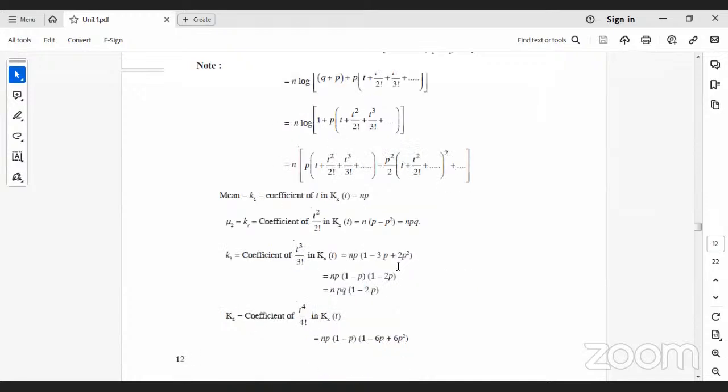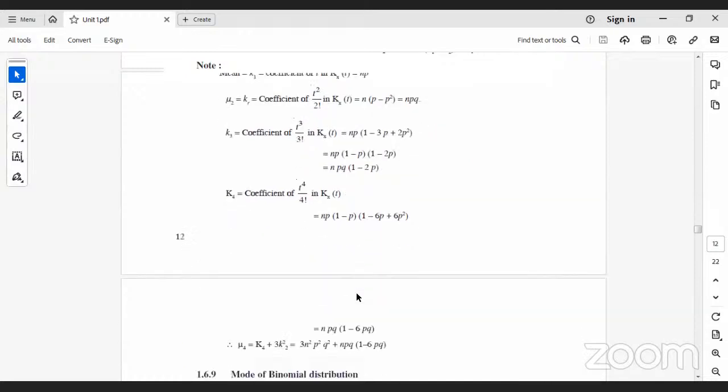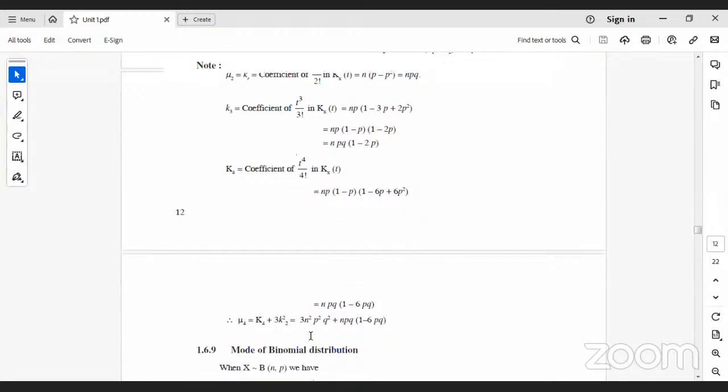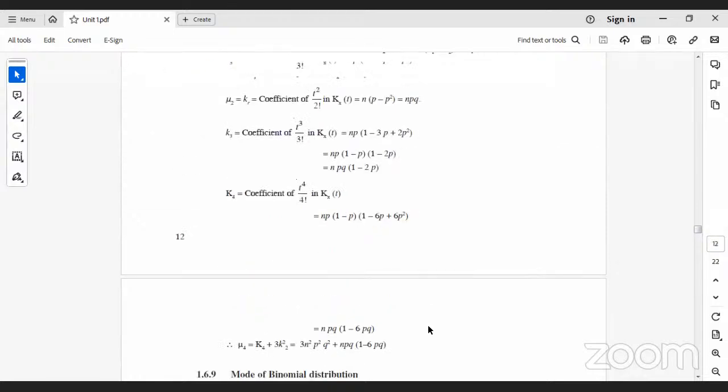So therefore k1, the coefficient of t, is equal to np. k2, the coefficient of t²/2!, is equal to npq. And k3, the coefficient of t³/3!, is equal to np(1 − 3p + 2p²), which simplifies to npq(1 − 2p). The coefficient of t⁴/4!, that is k4, is 3n²p²q² + npq(1 − 6pq). Lastly, you have to note it.